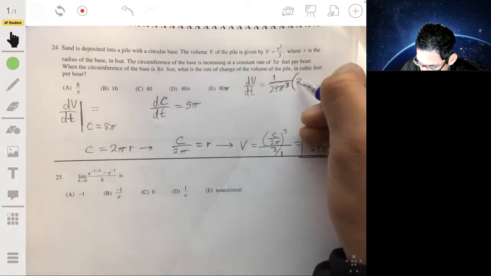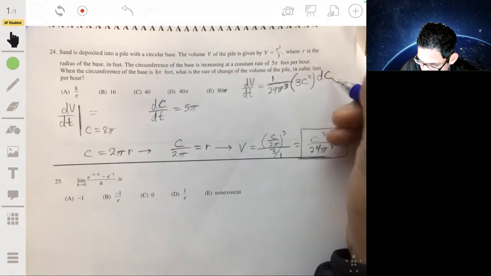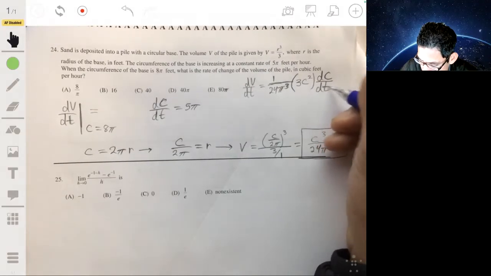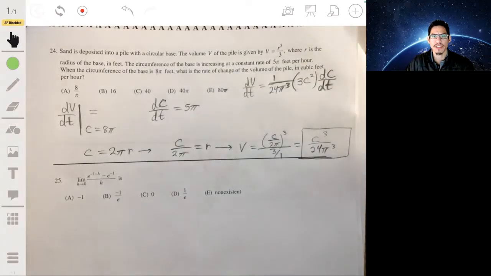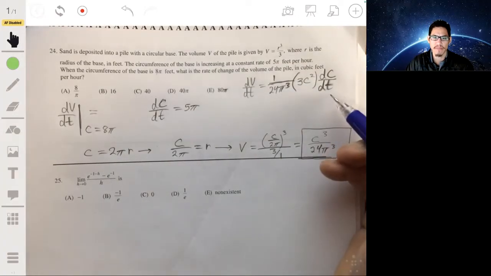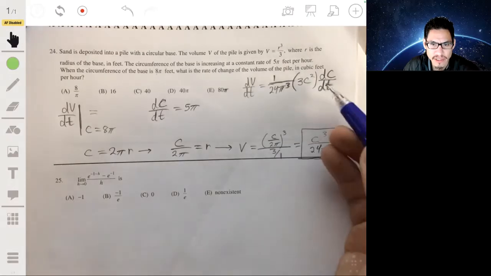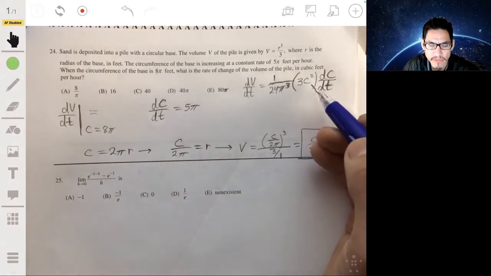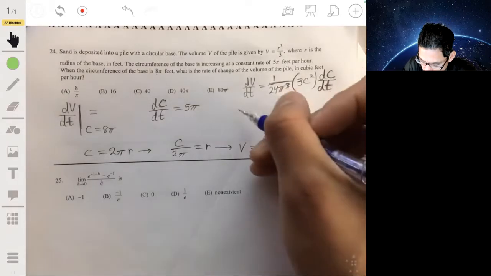Using the power rule, we get 3C squared, but we also need the chain rule because we have a composite function, kind of like implicit differentiation. We're differentiating with respect to time, so we multiply by dC/dt. Now pretty much the calculus is done. That was easier than I thought.